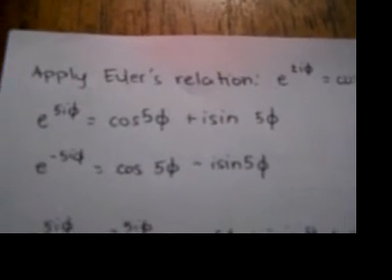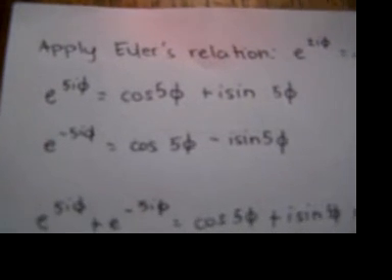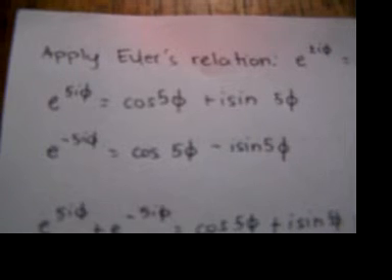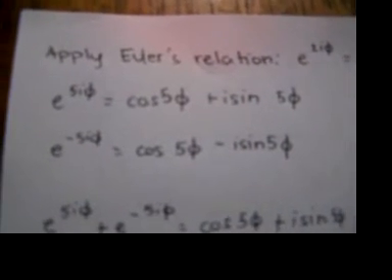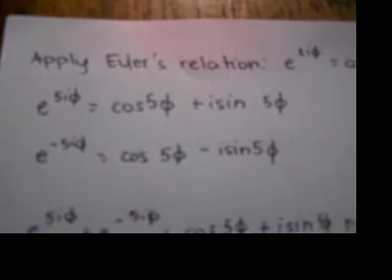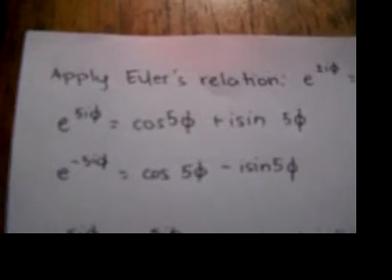Incorporating that formula in the two terms, e raised to 5i phi is equal to cosine 5 phi plus i sine 5 phi. For the negative form, we just change the sign, so it's negative i sine 5 phi.